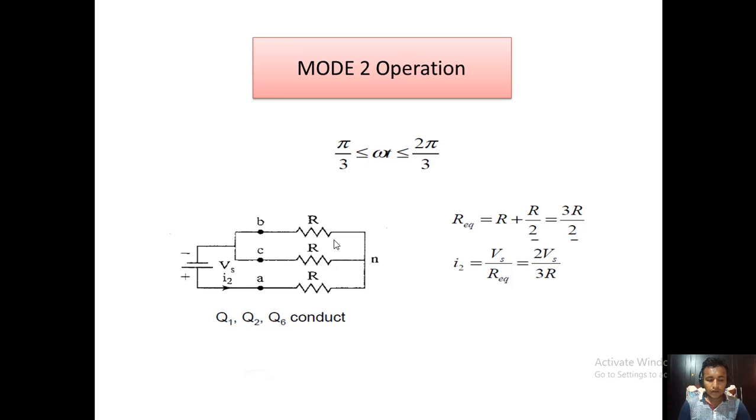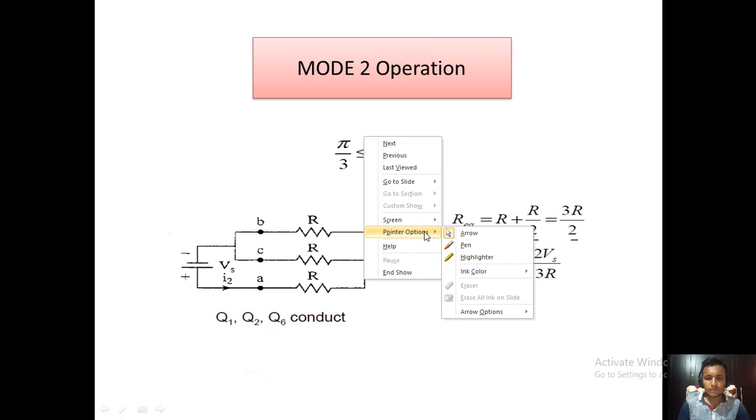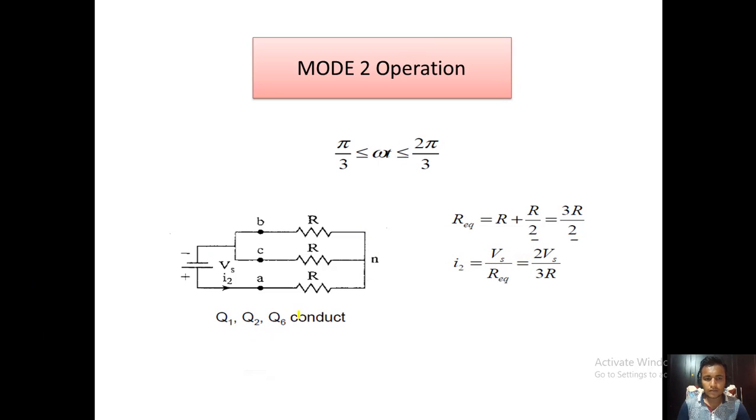Now here we have to find the phase voltages. First of all we have to find the phase voltage AN, then phase voltage BN, and phase voltage CN.